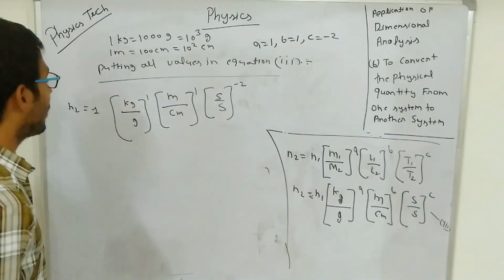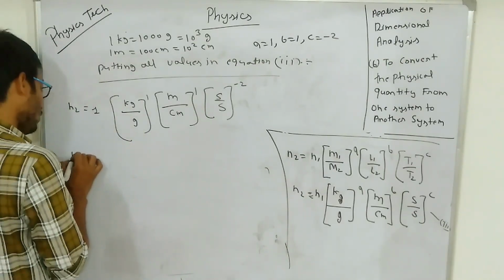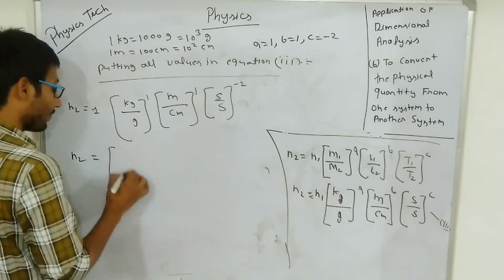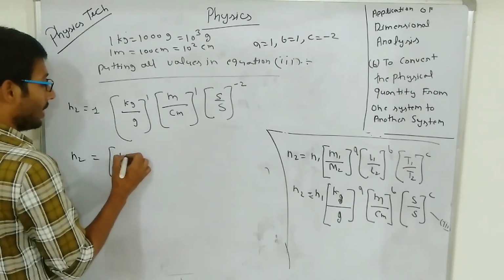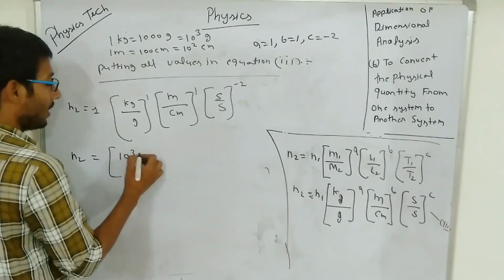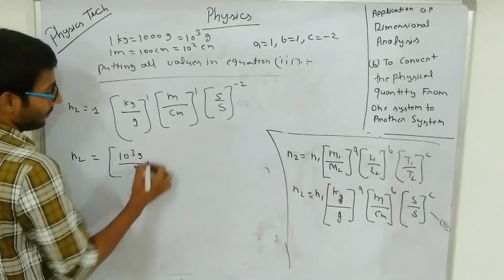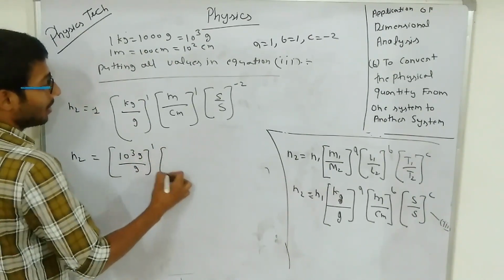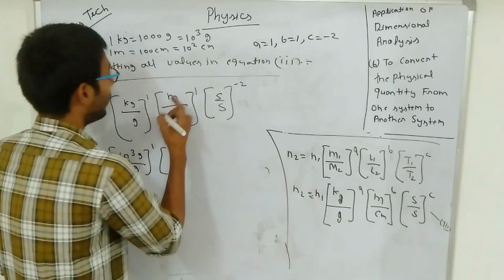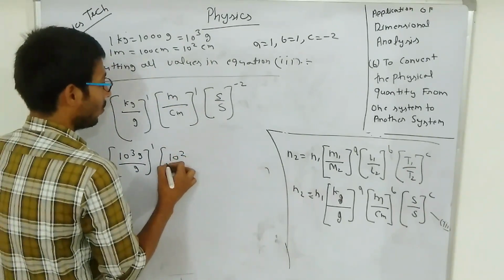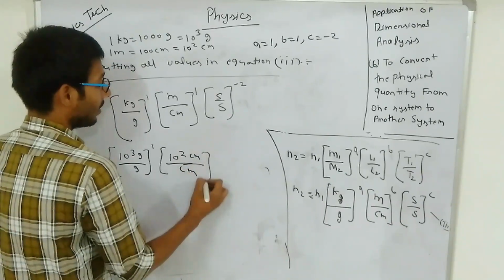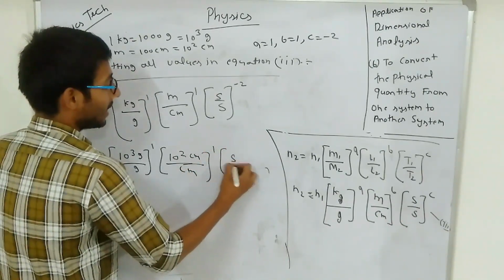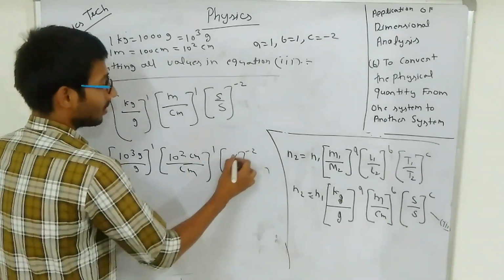Putting all the values in this equation, then n2 is equal to 10 to the power 3 g upon g to the power 1, and 10 to the power 2 centimeter upon centimeter to the power 1, and second upon second to the power minus 2.